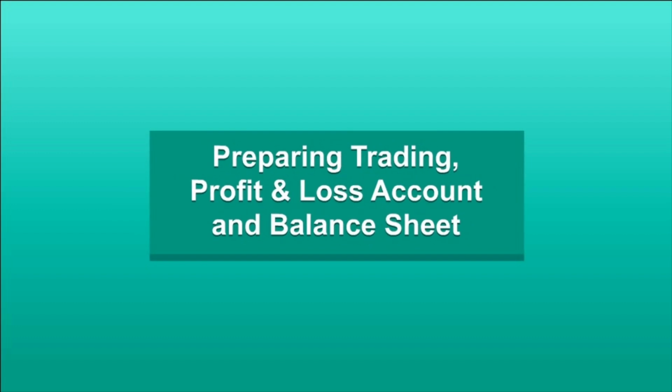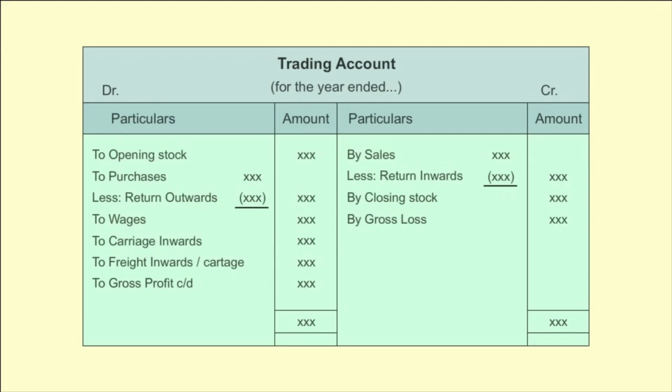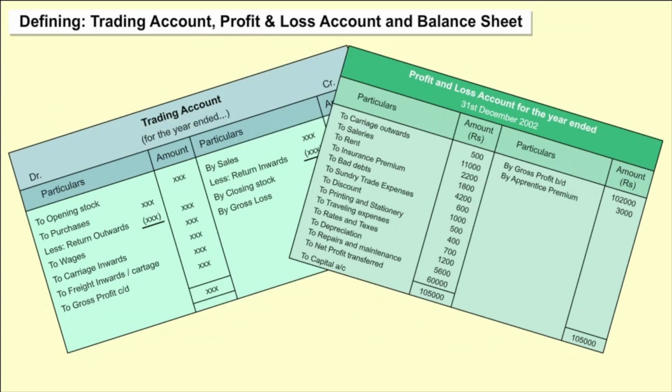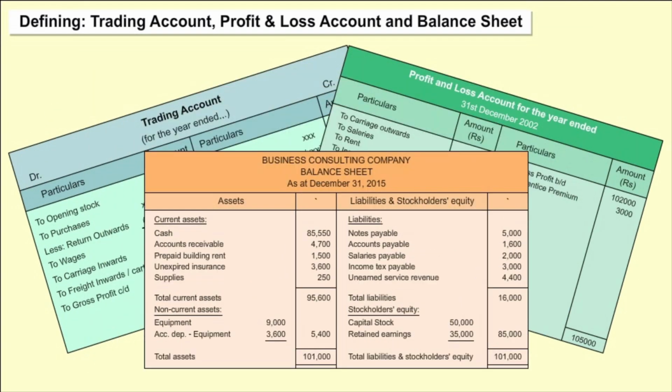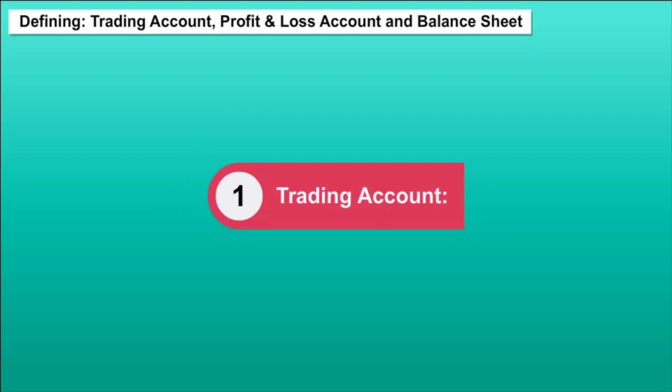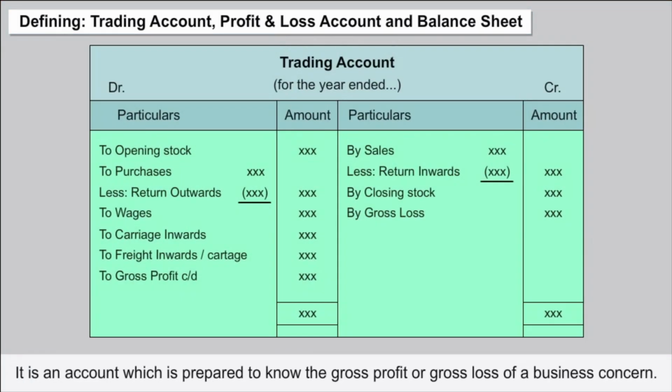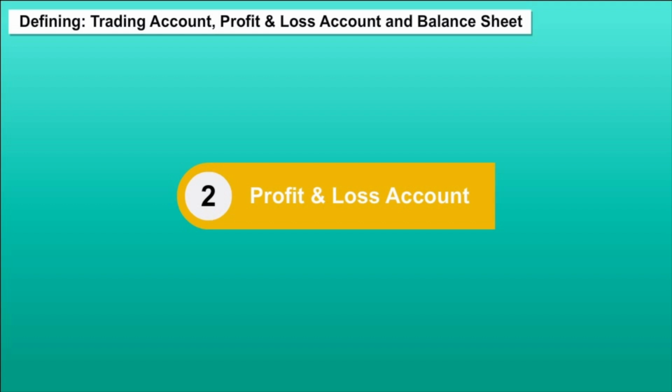Preparing trading, profit and loss account and balance sheet. Defining trading account, profit and loss account and balance sheet. 1. Trading account. It is an account which is prepared to know the gross profit or gross loss of a business concern. 2. Profit and loss account.